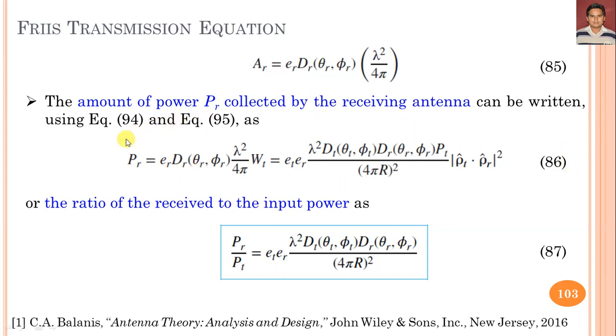This expression is called the Friis transmission equation, or we can restructure it as the ratio of received power to the input power. So P_R upon P_T is equal to e_T e_R D_T D_R times lambda upon 4 pi R, squared. We can restructure it in equation 87. This equation is also called the Friis transmission equation.